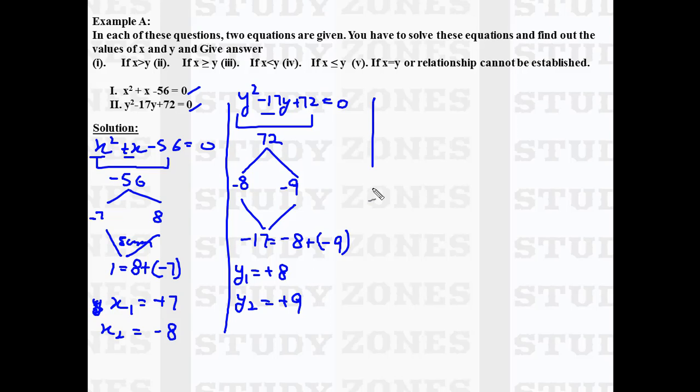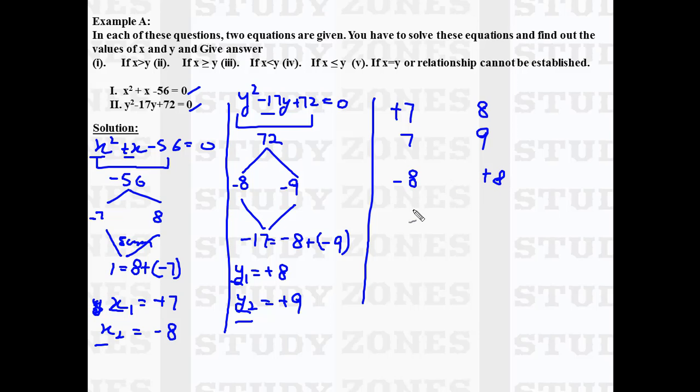Now let's compare these two. We will be comparing x1 with y1 and y2, x2 with y1 and y2. So x1 equals plus 7, y1 equals 8, y2 equals 9, x2 equals minus 8.